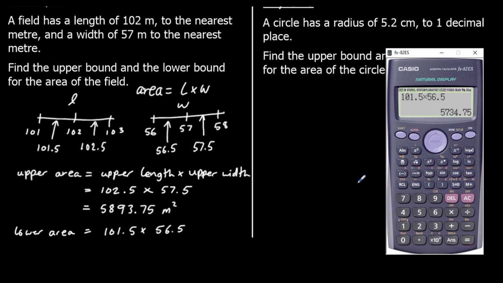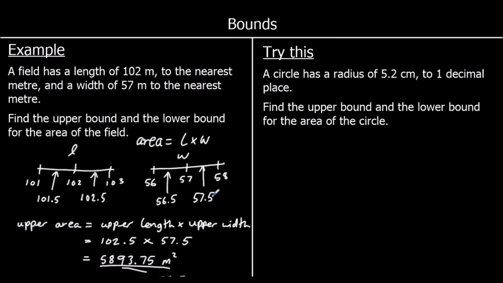Okay, here's one for you to try. So pause the video and give it a go. A circle has a radius of 5.2 centimeters to 1 decimal place. Find the upper bound and the lower bound for the area of the circle. So the area of a circle is pi times the radius squared.